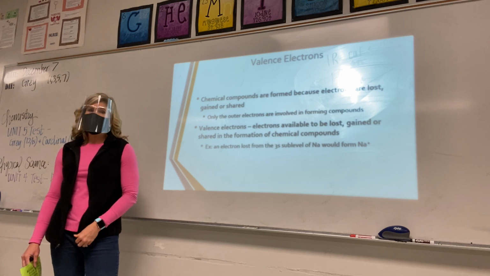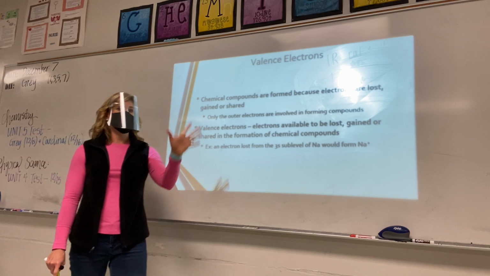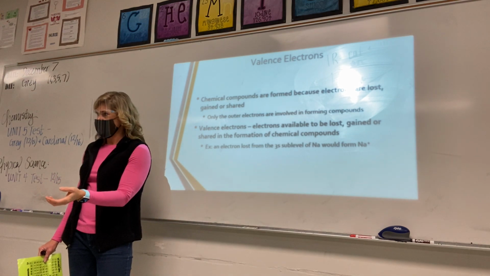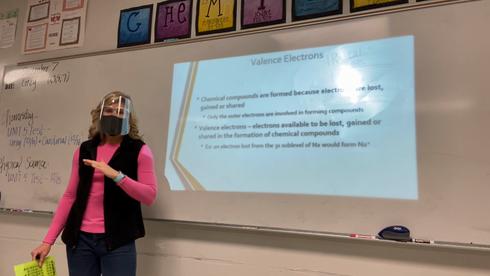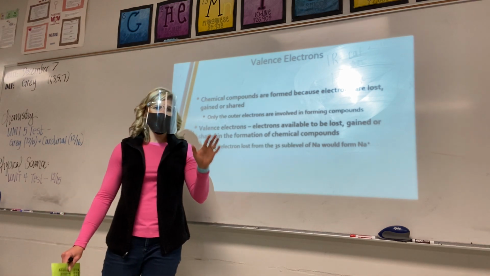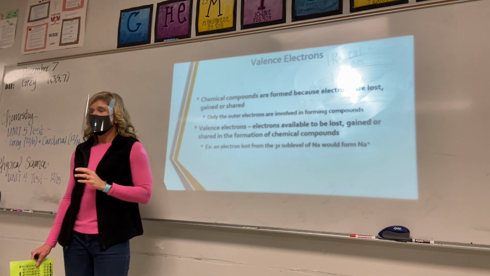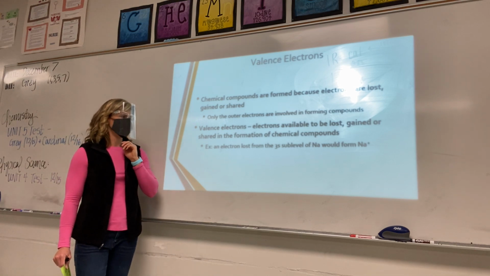The only electrons that are able to be lost, gained, or shared are our valence electrons. Our shells below our valence electrons are already filled, so they go untouched. We don't do anything with those electrons. Only the valence electrons.